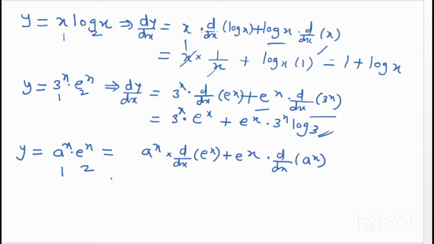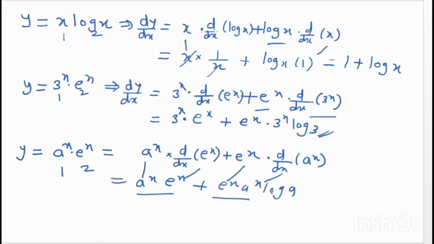So what is the answer? Write down a raised to x as it is, derivative of e raised to x, plus e raised to x as it is, derivative of a raised to x, that is a raised to x into log of a. What is our observation? In both terms it is the same. After taking the common e raised to x into a raised to x, what is present inside the bracket? 1 plus log of a.